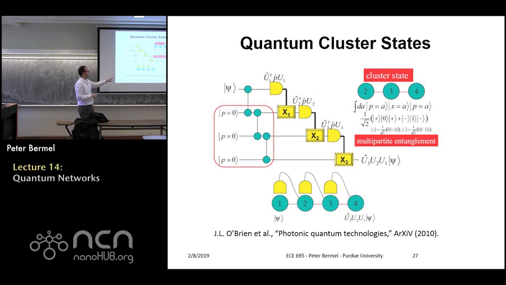The net result is you take this psi here and then you multiply it by a bunch of unitary operations to get the final state, like psi prime, if you will, right? Here it's just shown for 3 operations, just for simplicity, but you're certainly not limited to 3. In principle, if this is low loss enough, you can do as many as you want.